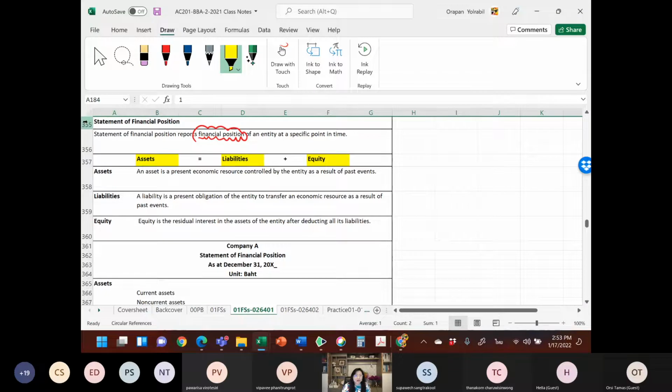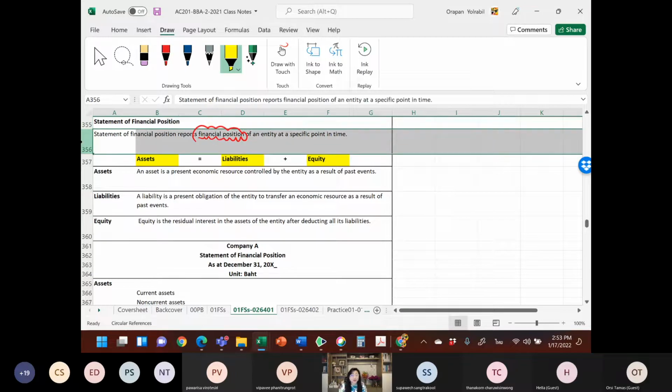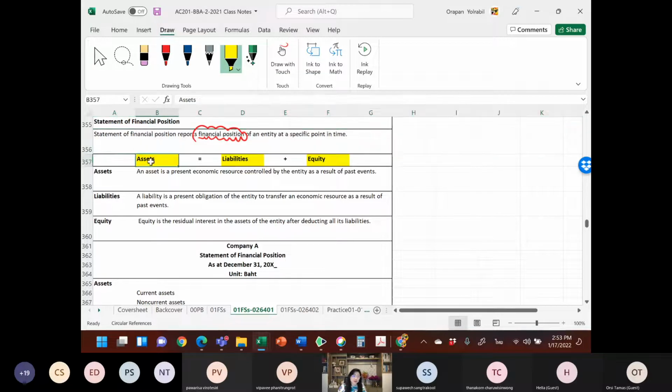For the statement of financial position, everyone, it is basically the report that presents the financial position of the company at a point in time. And there are 3 indicators that depict the financial position of the company. The first one is called asset, the second one is called liability, and the third one is called equity.